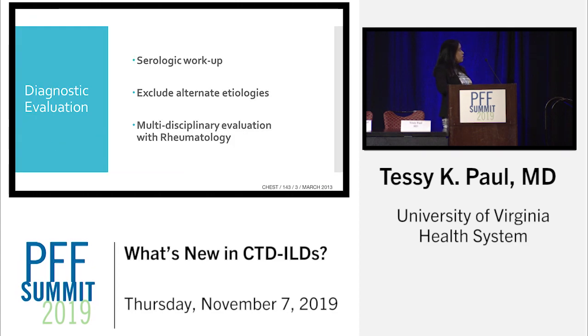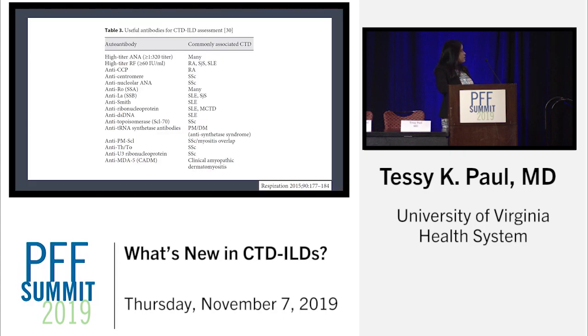So in general, if you have a suspicion, you should go on with a serologic workup. Essentially, with history, you should exclude alternative etiologies, and I cannot stress enough the importance of having a good rheumatologist to work with you in these cases. These should be multi-D discussions with your rheumatologist in terms of diagnosing and managing these patients.